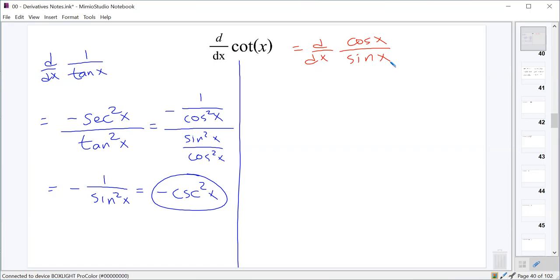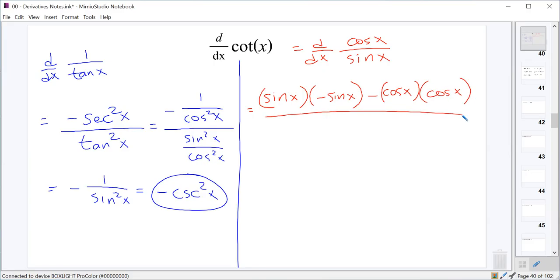So the quotient rule says denominator times the derivative of the numerator, which is the derivative of cosine, which is negative sine x, and then minus our numerator, cosine x, times our derivative of our denominator, derivative of sine x is cosine x. And then we'll divide it all by the denominator squared.